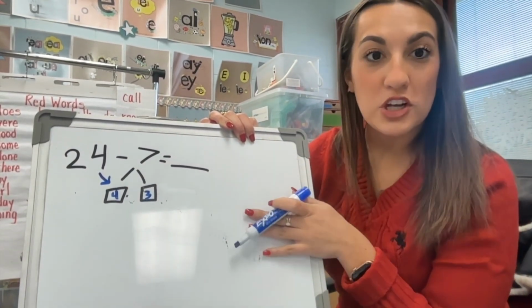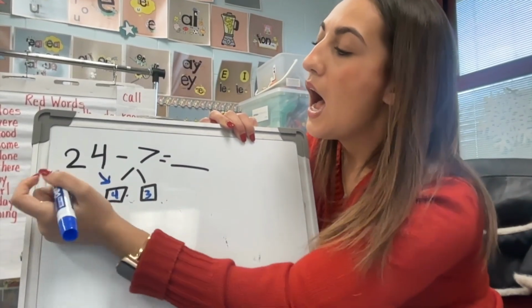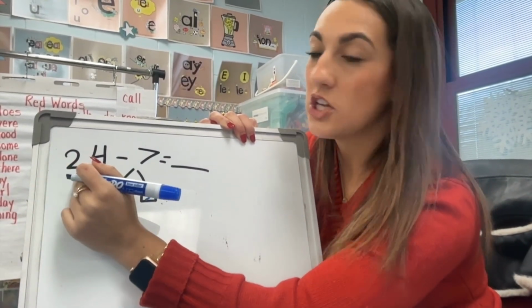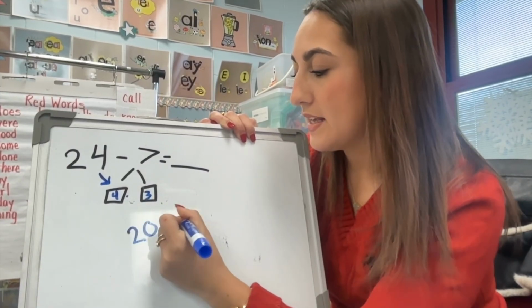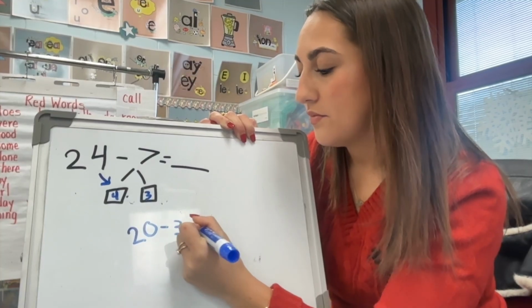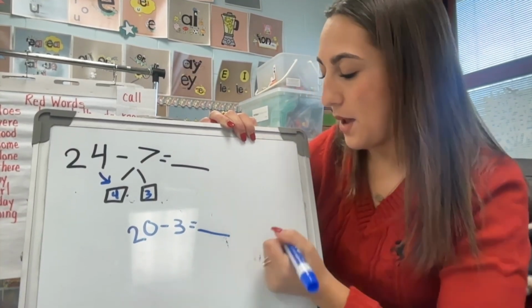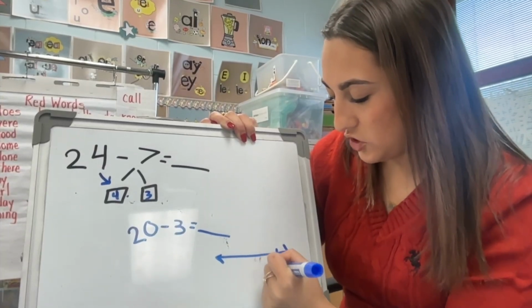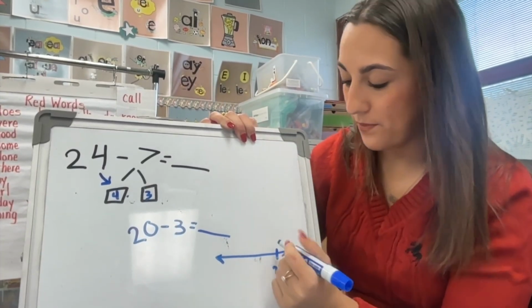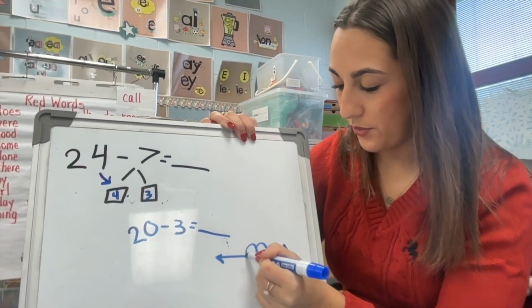Now we're going to move on to our tens value. I have 2 tens in 20. So 20 minus 3 equals what? I'm going to make myself an open number line. 20. And I'm going to go back 3. 1, 2, 3.